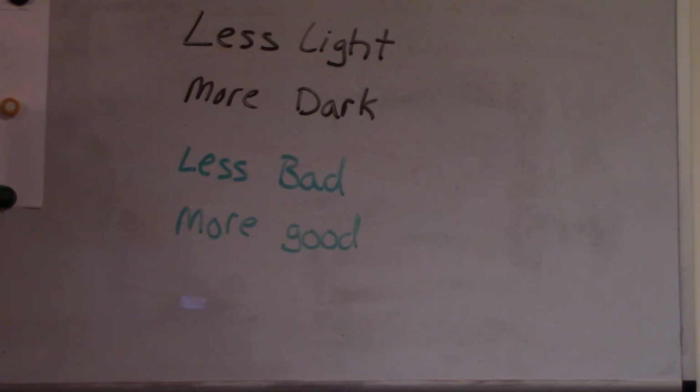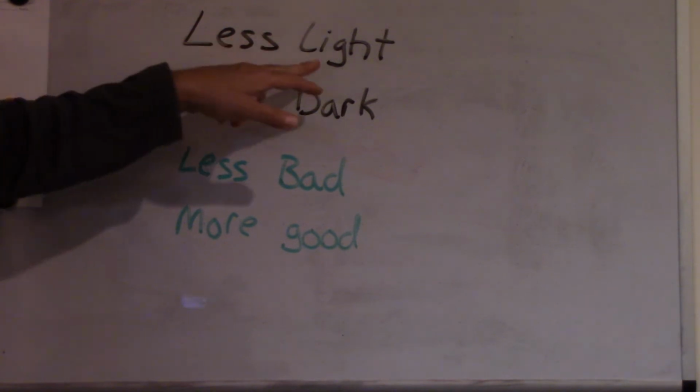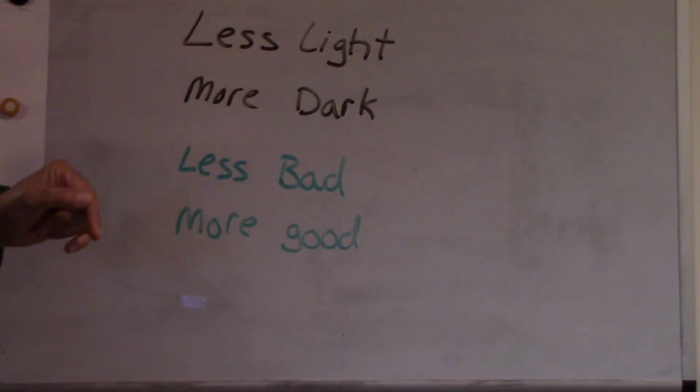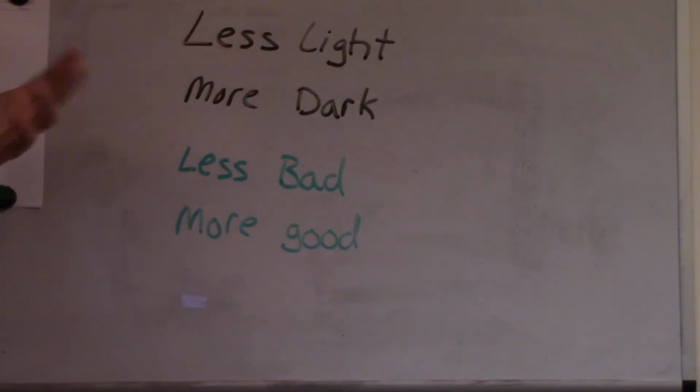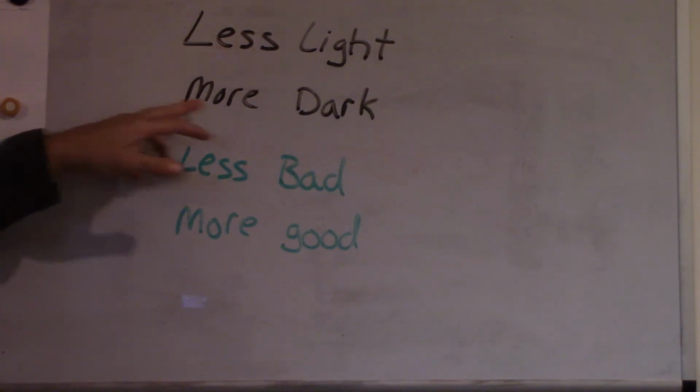Just wanted to try to clarify subtracting negative numbers. There's been some confusion. We've tried to give you some analogies with words. So if I say something is less light, what does that mean? Well, less light, isn't that the same thing as more dark?